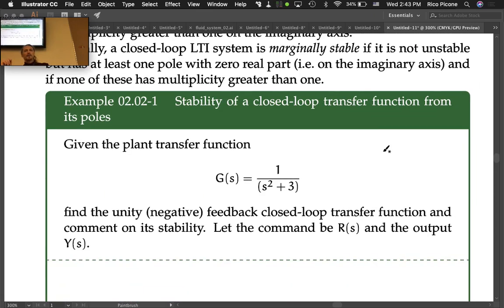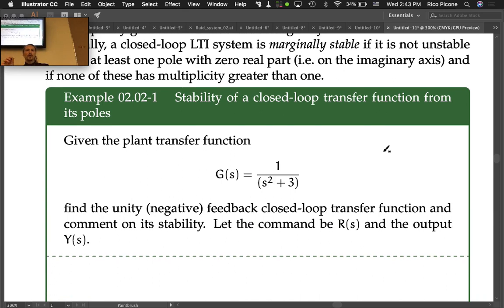All right, so let's look at stability of a closed loop transfer function from its poles. Given the transfer function below, find the unity negative feedback closed loop transfer function. We call unity feedback the type of feedback that we showed in the previous block diagram, where there's no transfer function in the feedback loop.